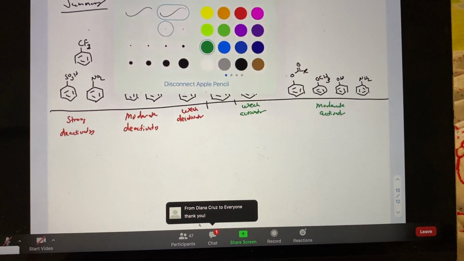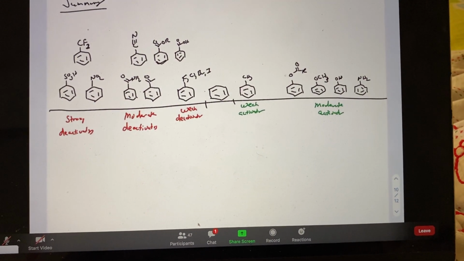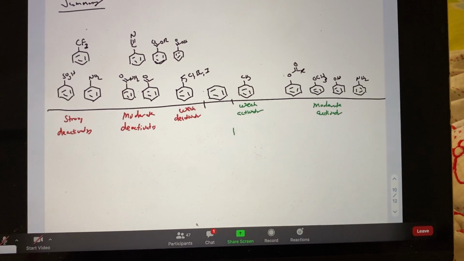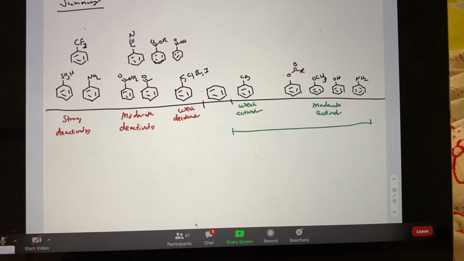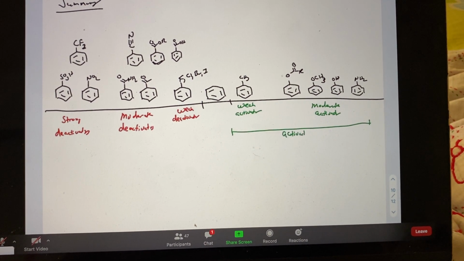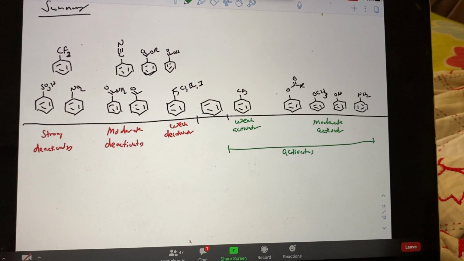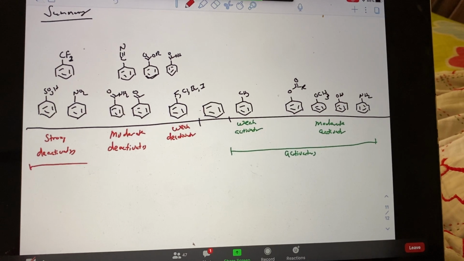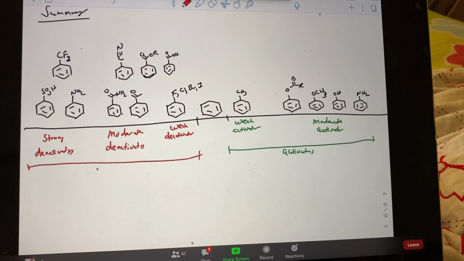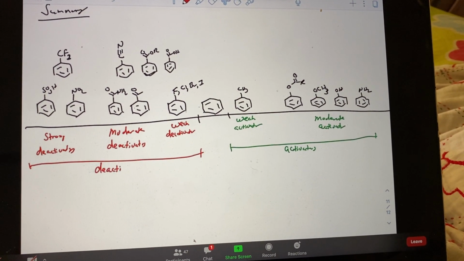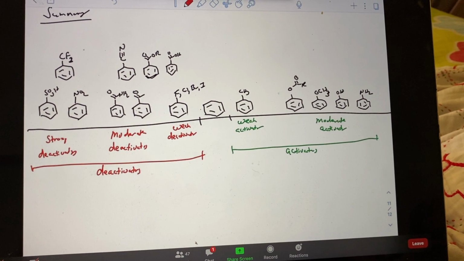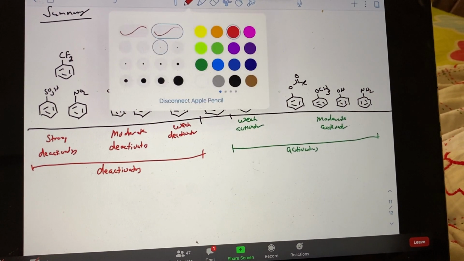And what we can think about is that relative to benzene, these groups here, these are all activators. Okay. These groups here on this side, these are all deactivators. Not sure about this color scheme. And then I guess we can use one more color here.